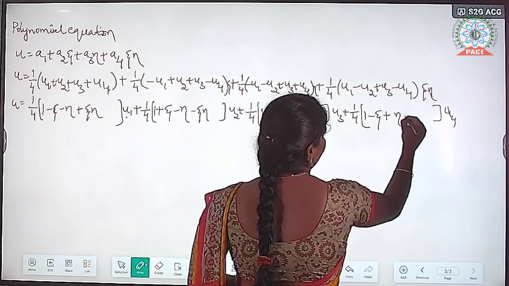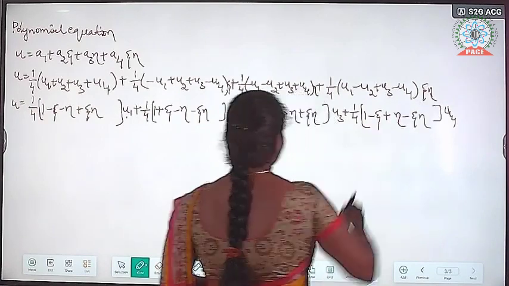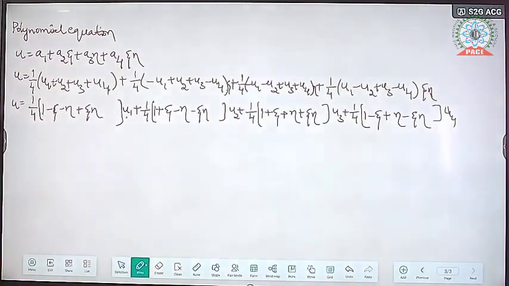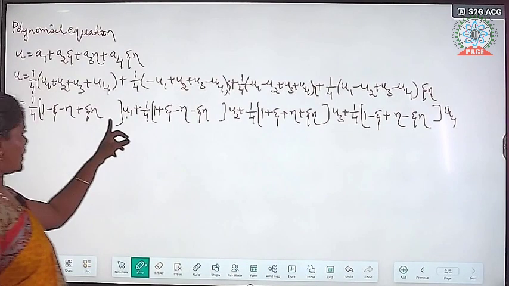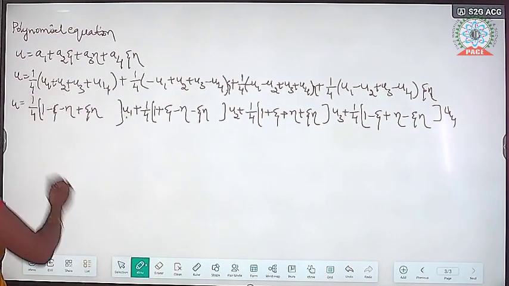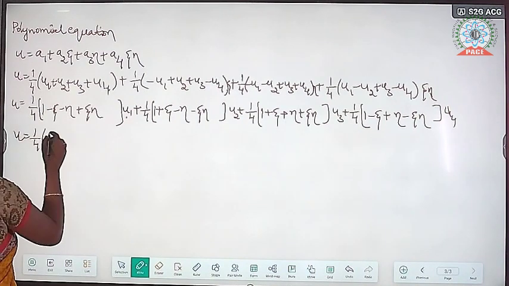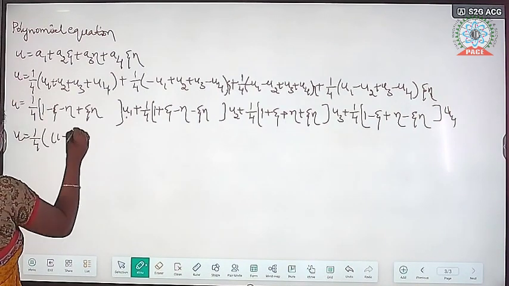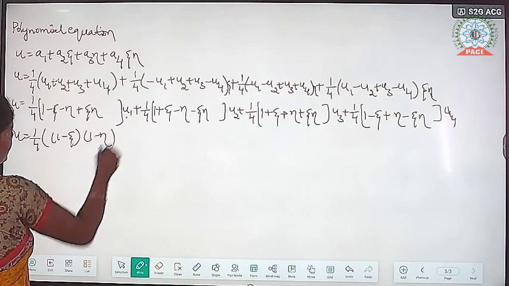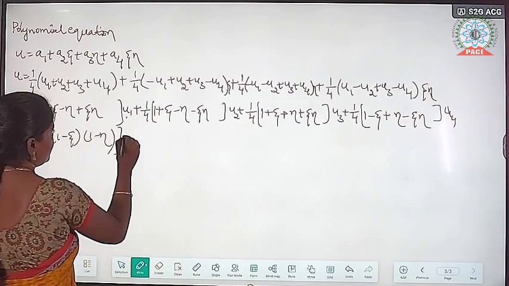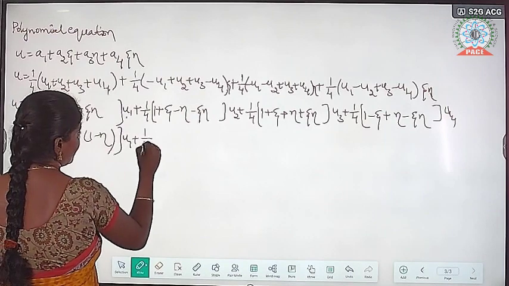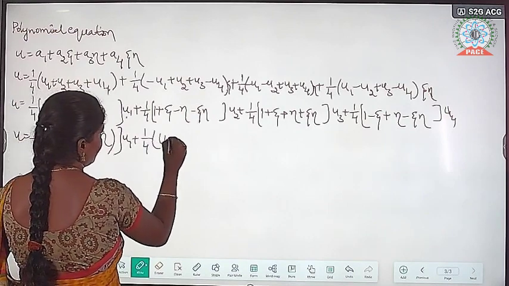So these are the common coefficient equations, taking the displacements as common. Here u is equal to 1 by 4 into (1 minus xi) into (1 minus eta) into u1, plus 1 by 4 into (1 plus xi) into (1 minus eta).